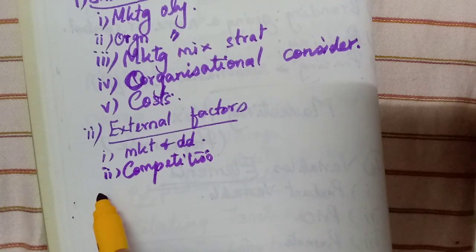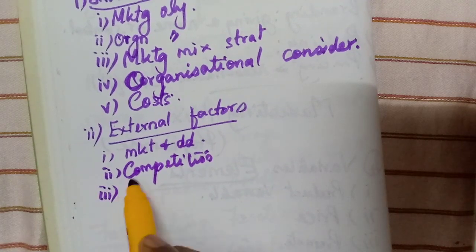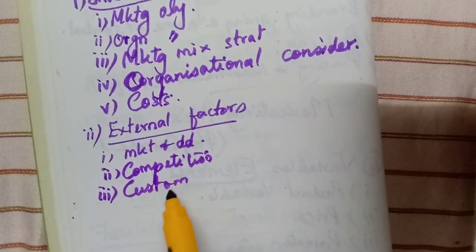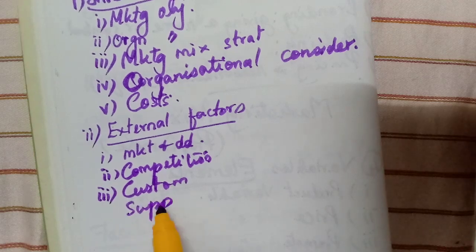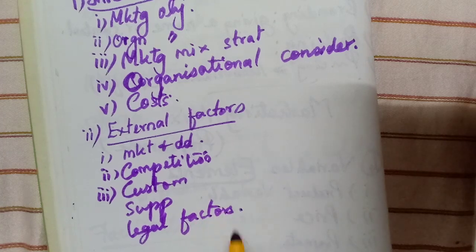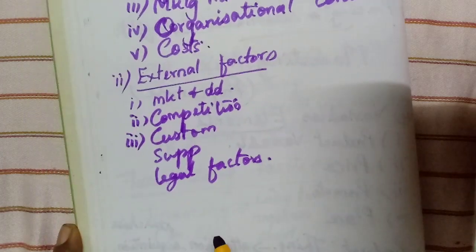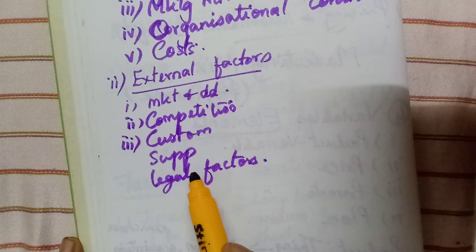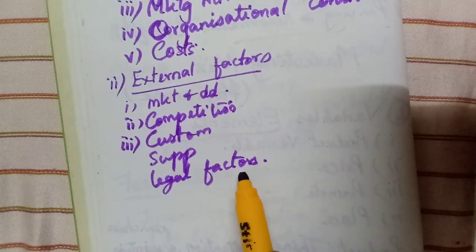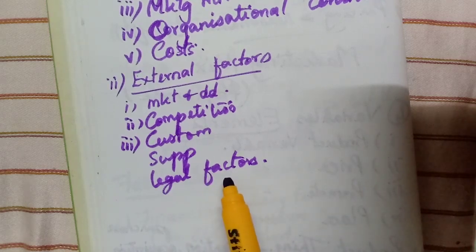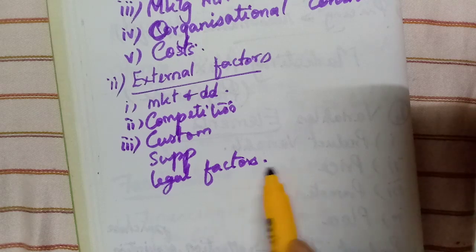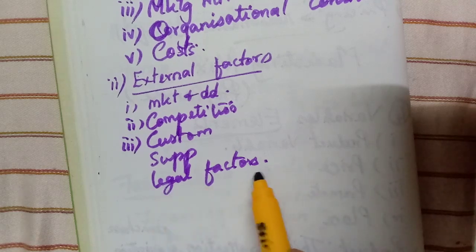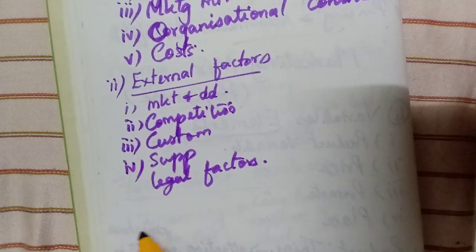Then competition, then customers, suppliers, then other legal factors. Legal factors may be the municipalities, or any rules and regulations that should be followed, issued by the local self-government, or any other legal issues that must be complied with.